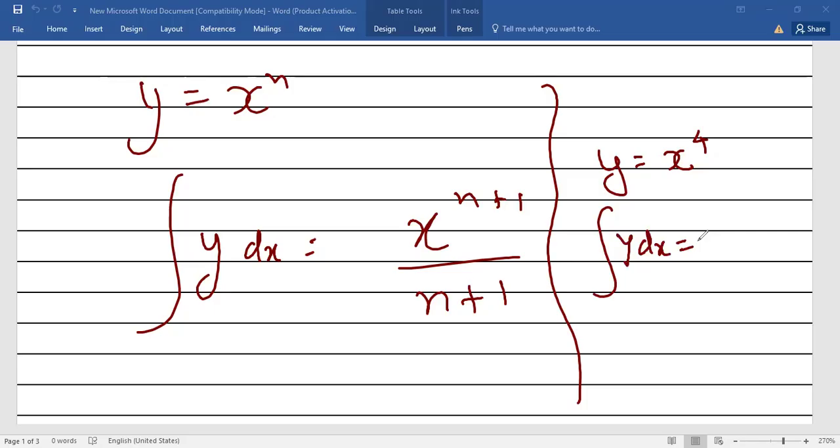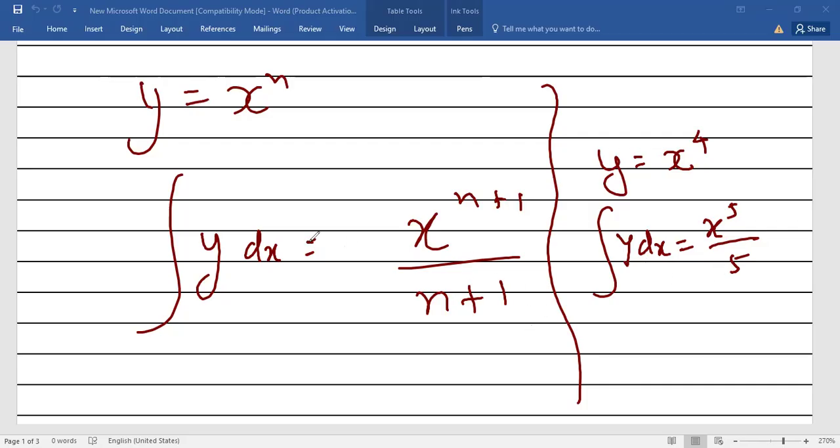It will be x to the power 4 plus 1, and 4 plus 1 in the denominator. So x to the power 5 divided by 5. So the integral of y dx is equal to x to the power 5 over 5.